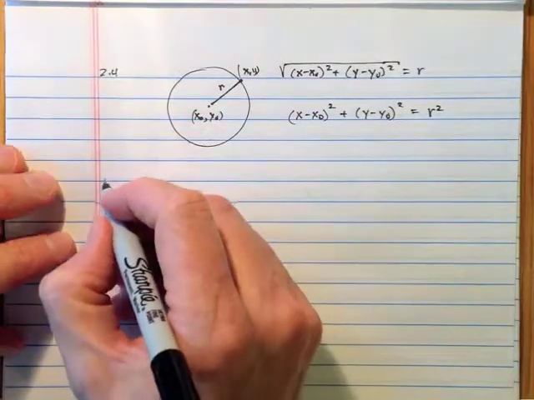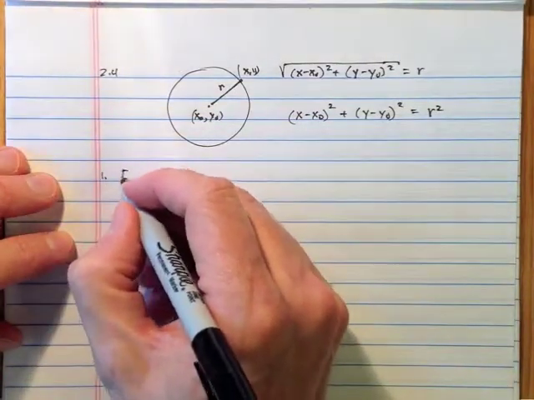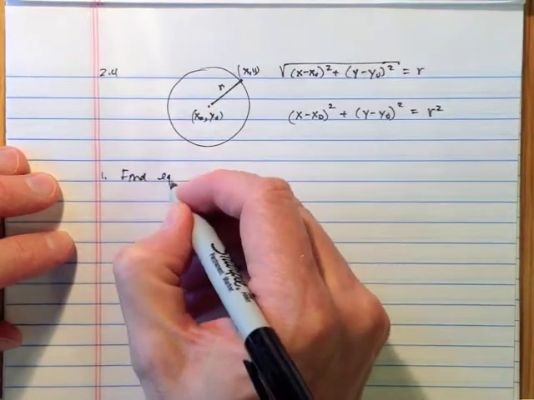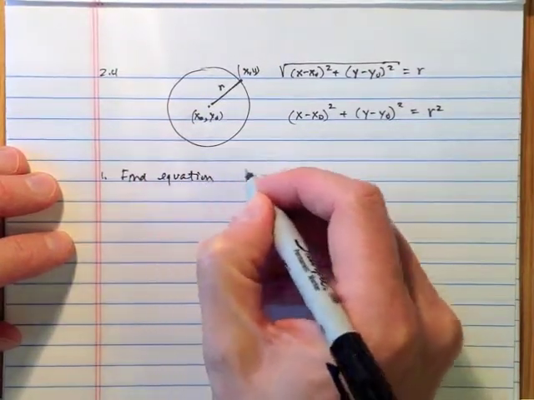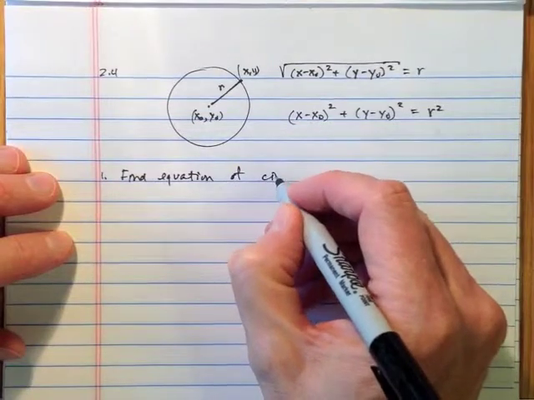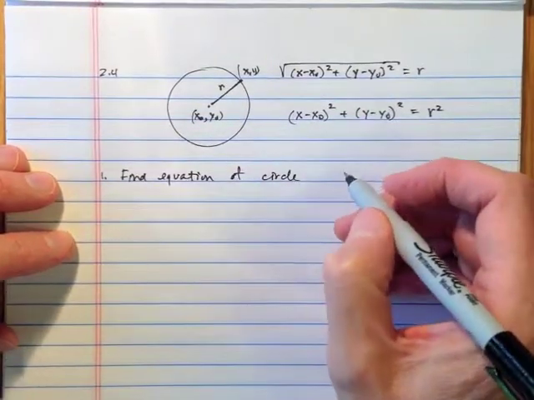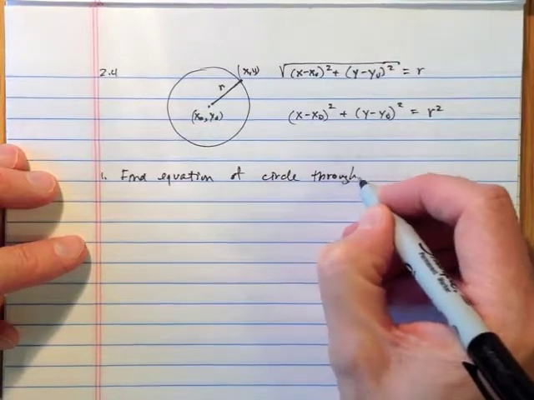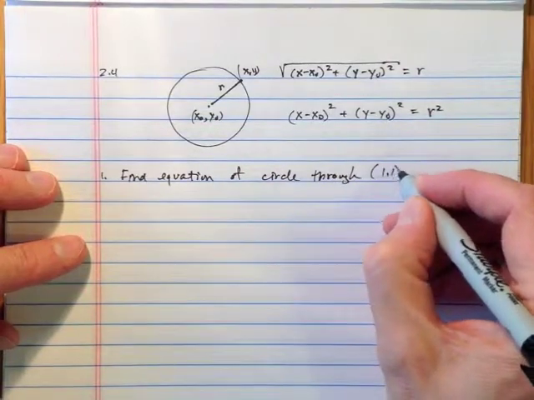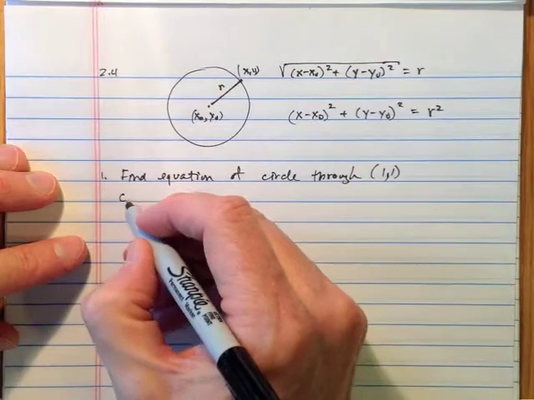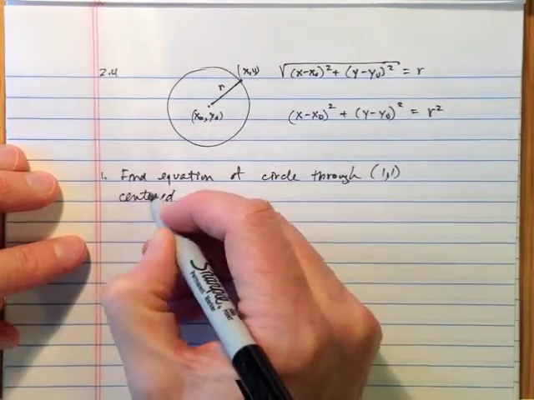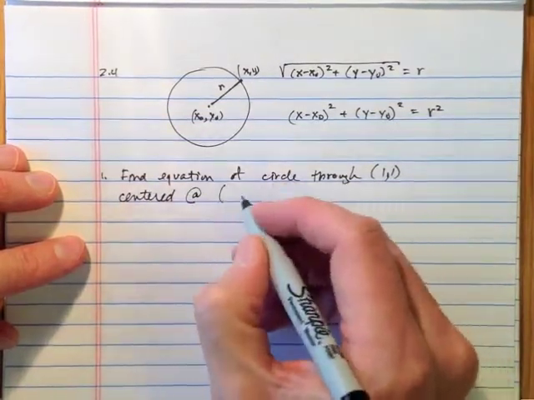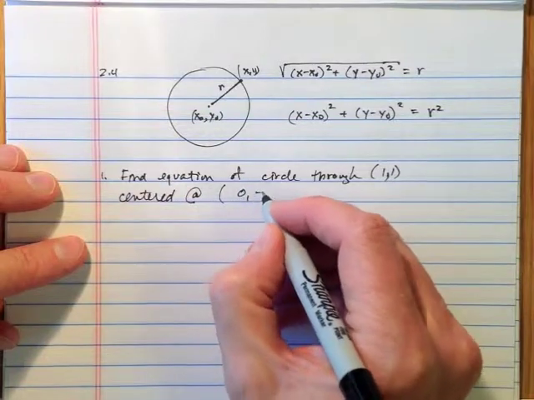So for instance, let's suppose somebody said, find the equation of a circle, let's say, that goes through the point 1, 1 and is centered at 0, -7.